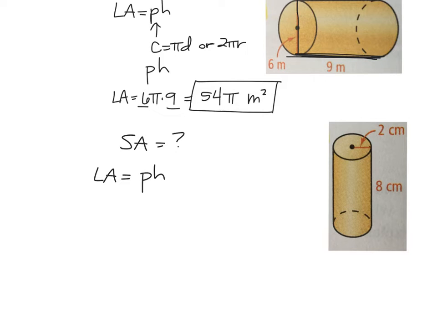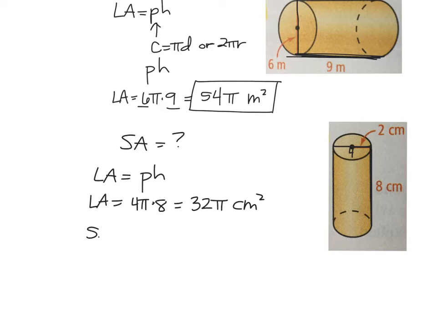And my diameter here, if my radius is 2, then my diameter is 4. So 4 pi would be the perimeter. And then the height is right here, that's the 8. So 4 pi times 8, or 32 pi square centimeters, is my lateral area.